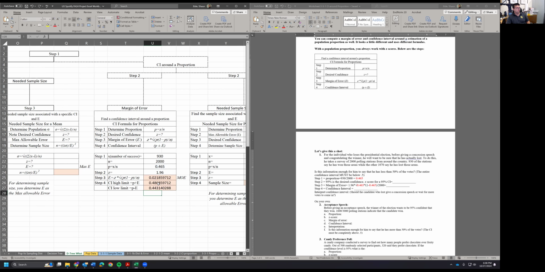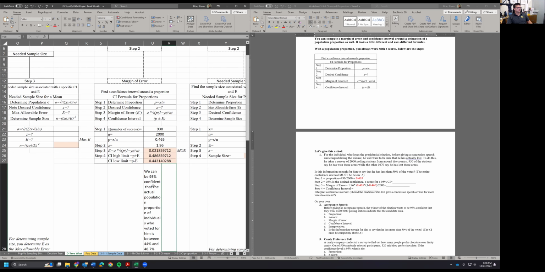So what we have here is we can be 95% confident that the actual population proportion of individuals who voted for him is between 44% and 48.7%.